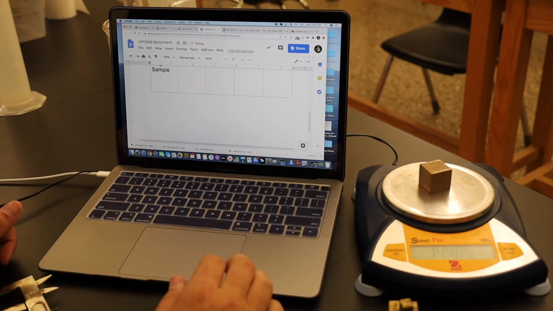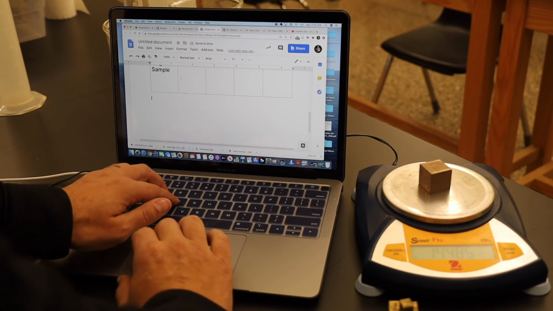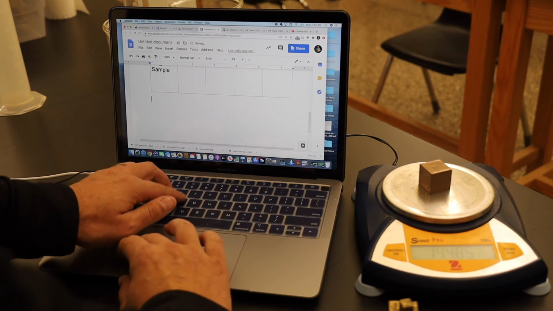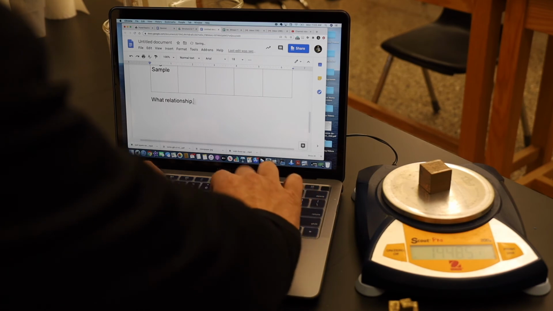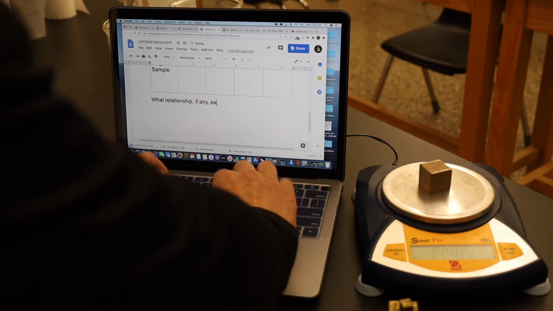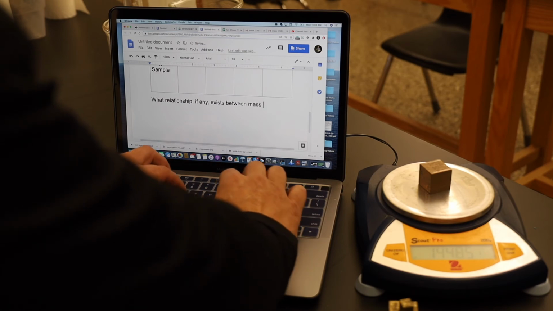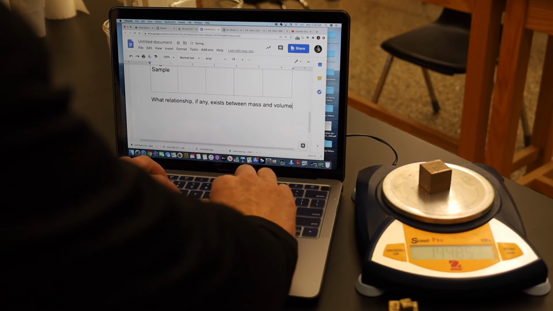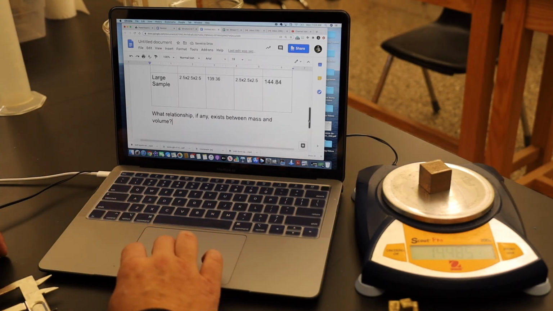Just as a reminder, we are trying to identify the following question. What relationship, if any, exists between mass and volume?